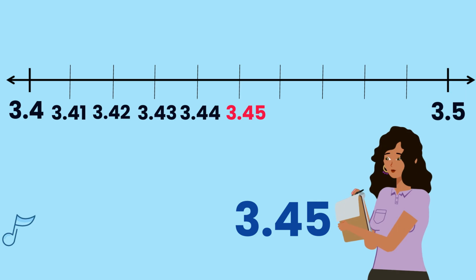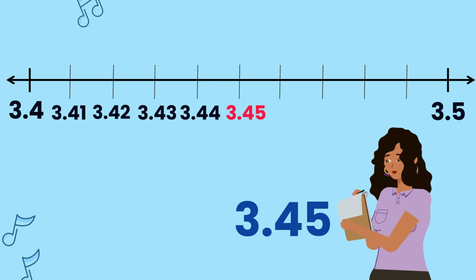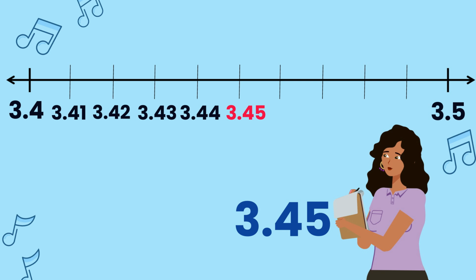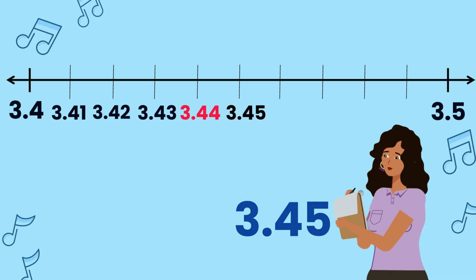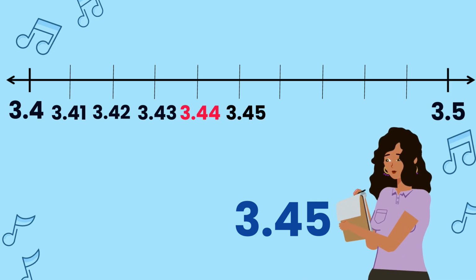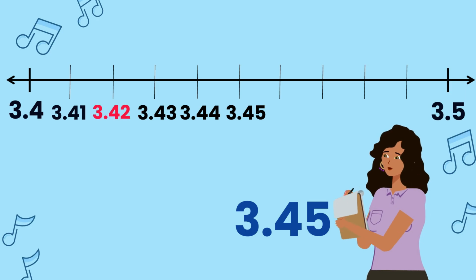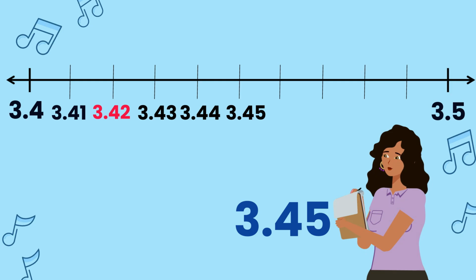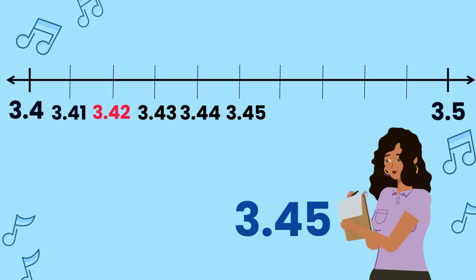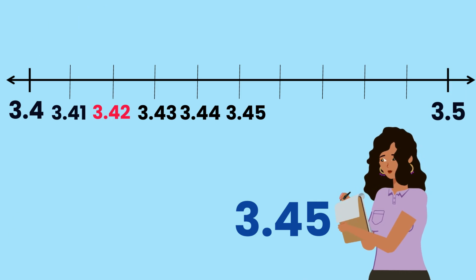Madison's song was 3 and 45 hundredths, so let's start there and count down to find 3 and 42 hundredths. 3 and 45 hundredths, 3 and 44 hundredths, 3 and 43 hundredths, 3 and 42 hundredths. This number line makes it so easy to see that Madison needs to cut 3 hundredths of a minute off of her song to make it equal to her favorite artist's song.